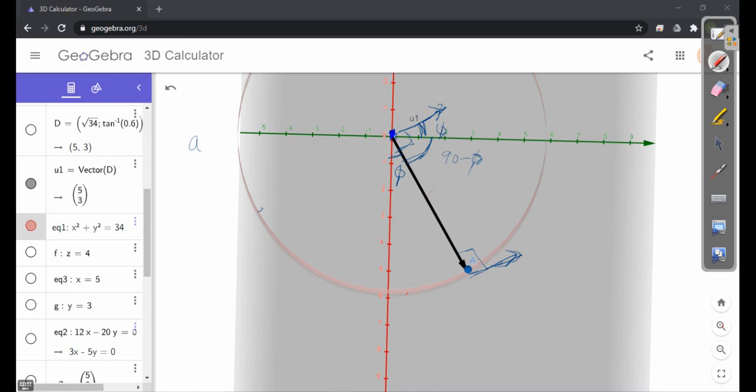So again we have to find the value of A. So this is the positive x-axis. This is our phi direction. Instead of taking it here, I took it at the origin. So what is the total angle?